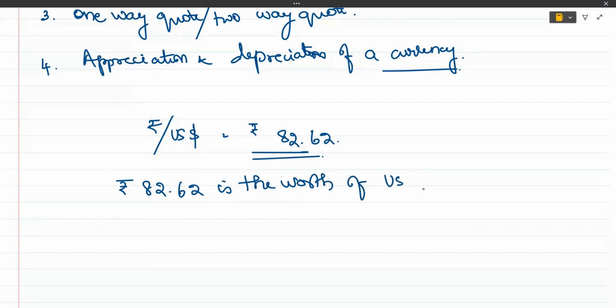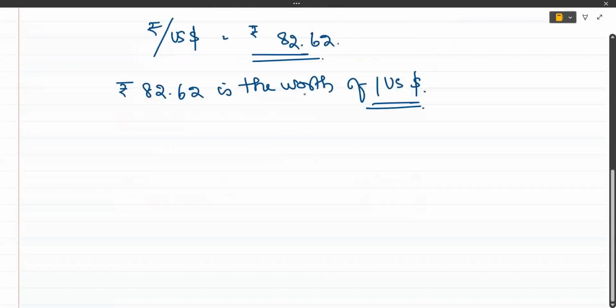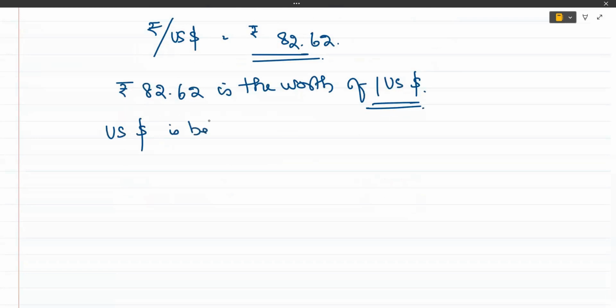So what is this US dollar now? This US dollar is behaving like a commodity now. To buy 1 US dollar, you have to pay 82.62, which means the US dollar is behaving like a commodity.